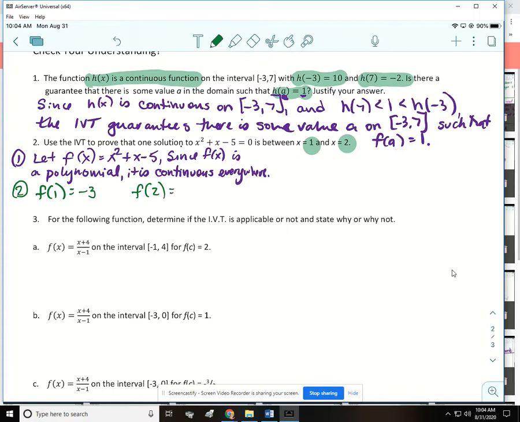And then we'll do the same thing with 2. We'll square it, add 2 to it, subtract 5 from it, and we're going to get 5.